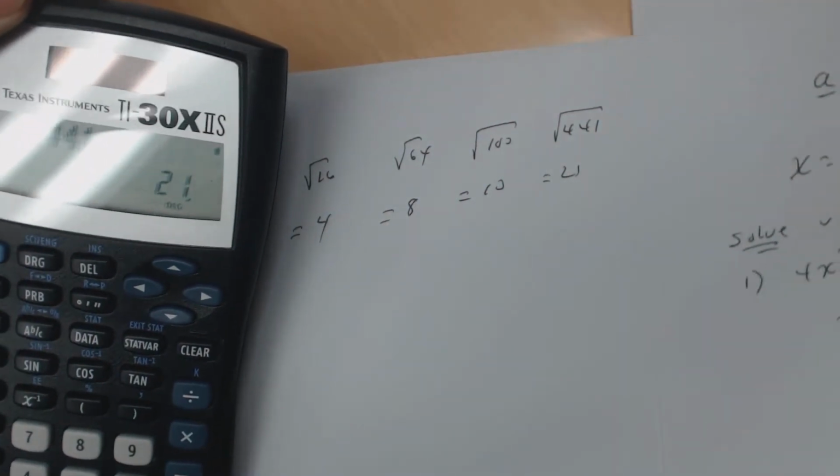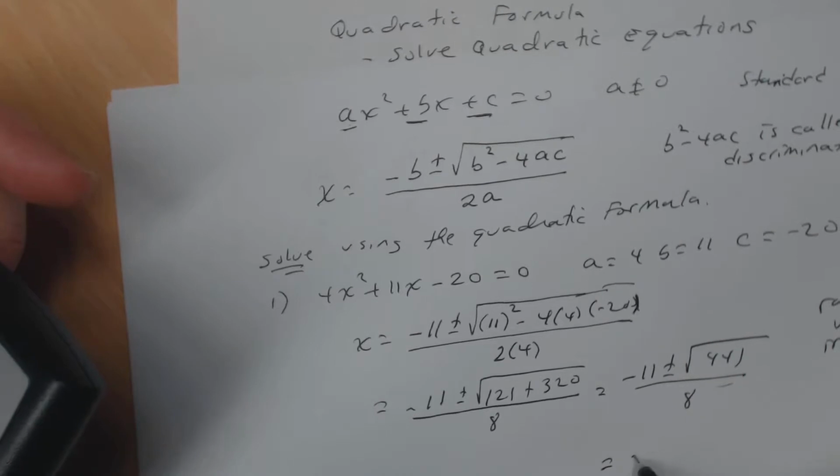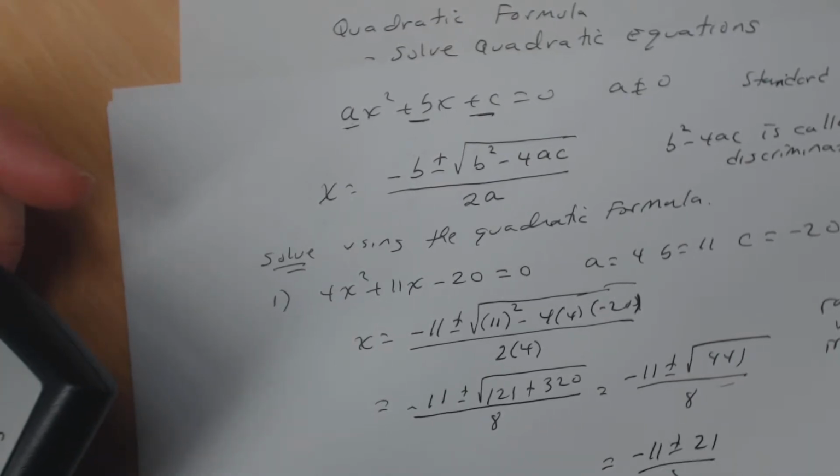So this becomes just 21 over 8. So this is a rational number.